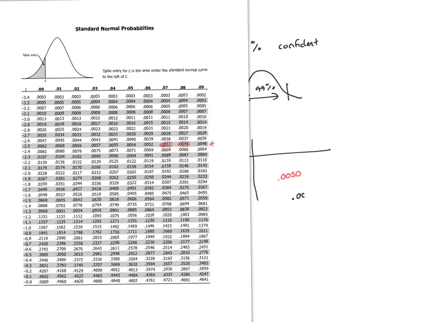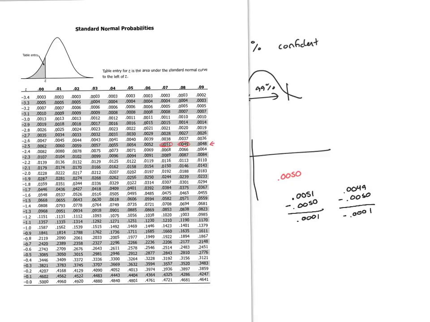So 0.0051 minus 0.0050 gives me 0.0001, and the other one, 0.0049 minus 0.0050, gives me 0.0001 as well. Notice that these two are the same distance from my actual value. And what that means, according to what we've done before, is I'll go ahead and find both of their z-scores, and then I'll average them to find my z-score.